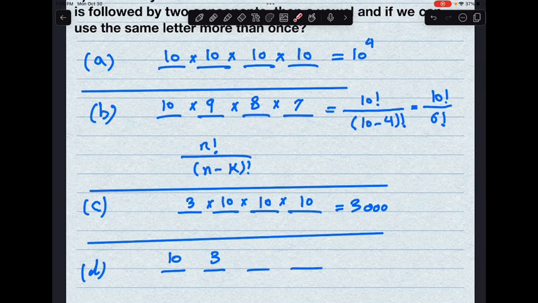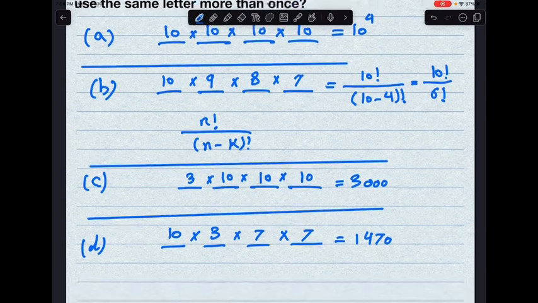So it's 7 and then 7 here, and then we multiply, and that's the solution. I used the calculator: 49 times 3 times 10 is 1470 different words. So that was part D.